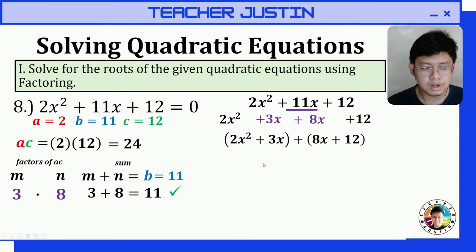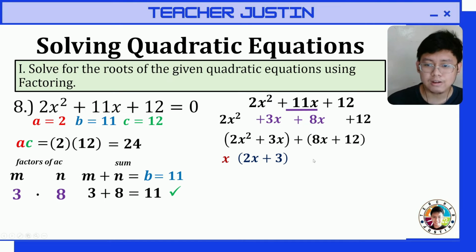So, si 2x squared plus 3x, ang common factor nila is pareho silang may variable x. Tapos, pag tinanggal natin yung x sa lahat ng term ni first group, that will give us 2x plus 3. Now, sa second group naman, ang common factor nila is they are all divisible by 4.